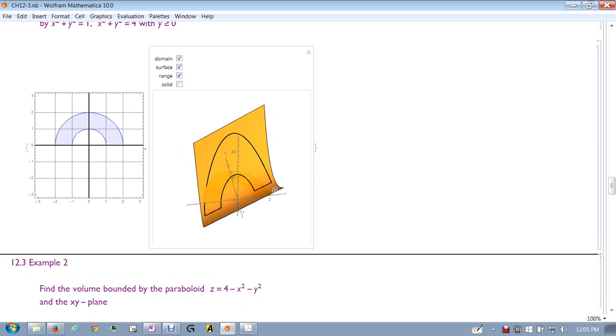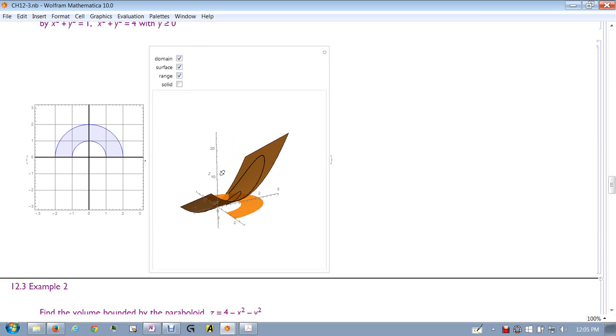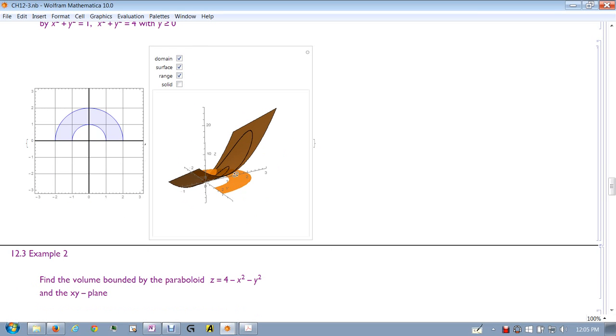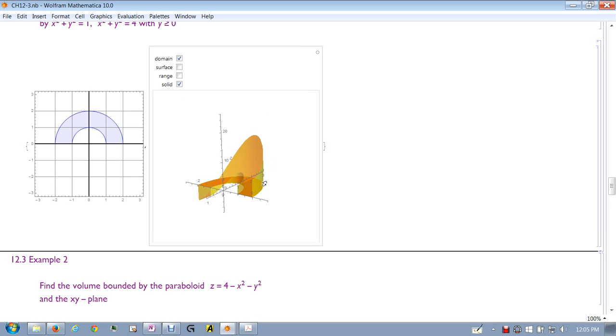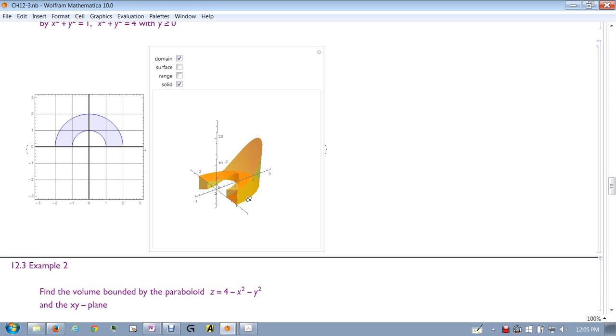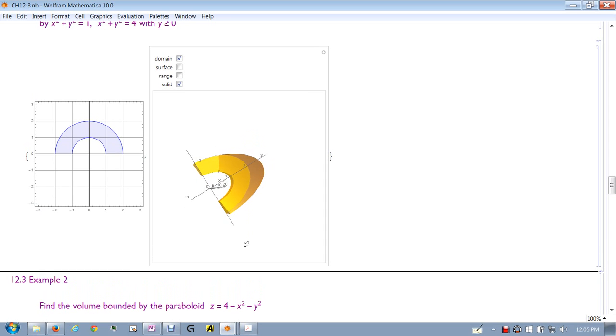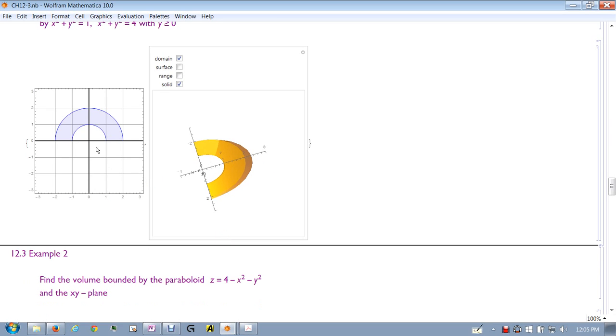That curve right there is just the image of the boundary of this thing up to the surface. So that solid is this piece in here, and let me just take all this other stuff out of here. So you see that solid right there? What is its volume? But to do it, you have to convert to polar coordinates, because this region in polar coordinates is very simple.